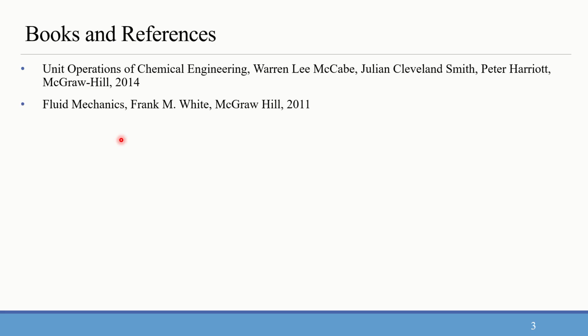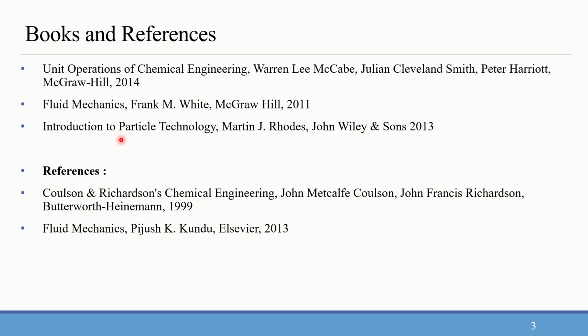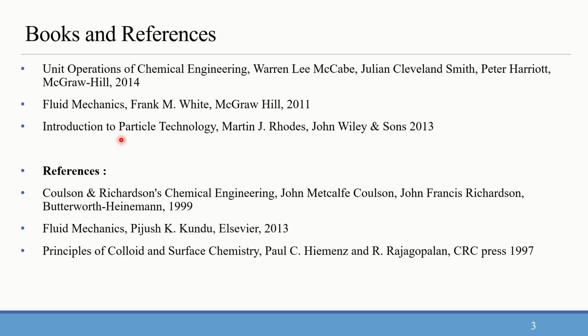As per books and references, we have 3 books and a few references which I would suggest you read if you are in undergrad. Mainly focus on reading Unit Operations of Chemical Engineering by McCabe and Smith, and Fluid Mechanics by Frank M. White is a very good book for having a wide knowledge on fluid mechanics. For particle technology, you can go with Martin Rhodes.